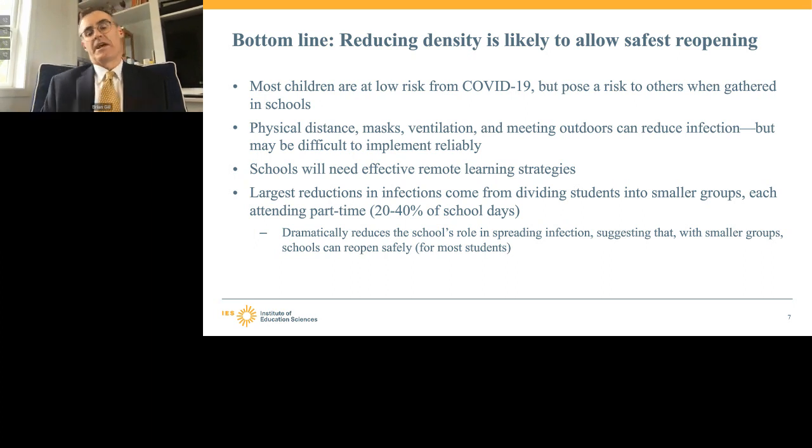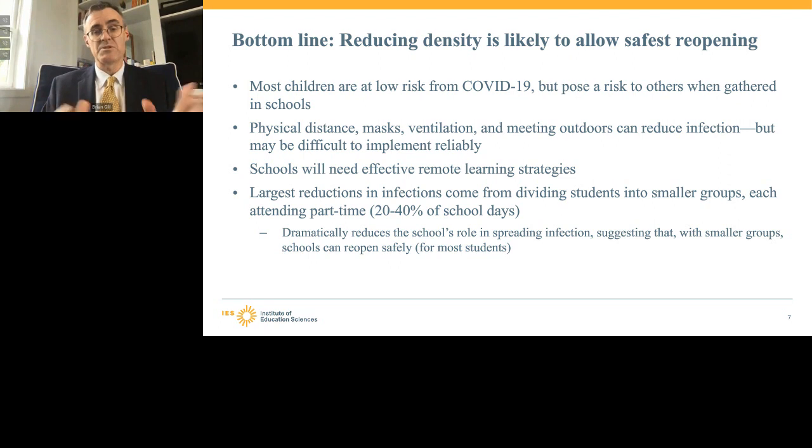And then finally, and coming back to the headline point here, the agent-based model suggests that the largest reductions in infections come from dividing students into smaller groups, where each group attends school part-time and learns from home part-time. That has the effect of dramatically reducing the school's role in spreading infection, which is good news because it suggests that if smaller groups are coming to school part-time, schools can reopen safely for most students.